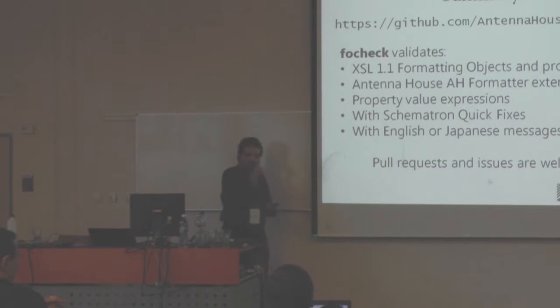Things in the FOX namespace. At this point, no, but pull requests and issues are welcome. So if you want FOP extensions in there, a pull request would probably happen quicker. The question was, if I put the extension, are you converting them with a Schematron quick fix into your Antenna House internal extension?